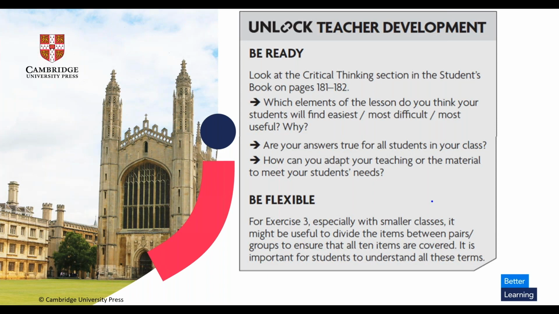So within critical thinking, it's important to differentiate as well, just in the same way that we would differentiate when we're teaching language. I think we need to differentiate when we're teaching critical thinking as well. So between small classes or large classes, or between different levels of cognitive ability within the group.